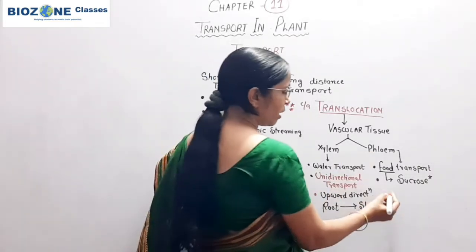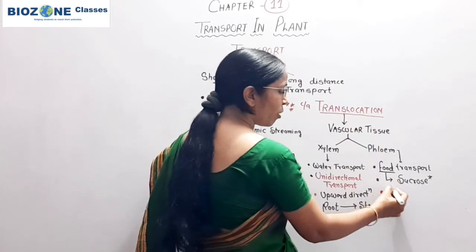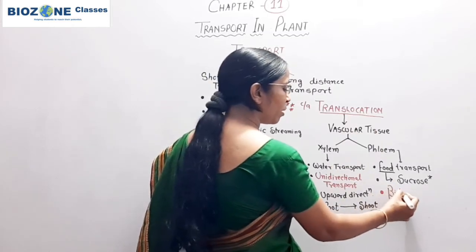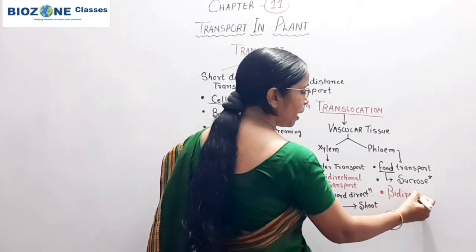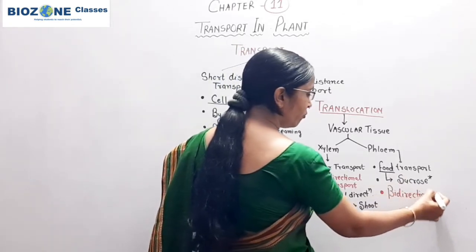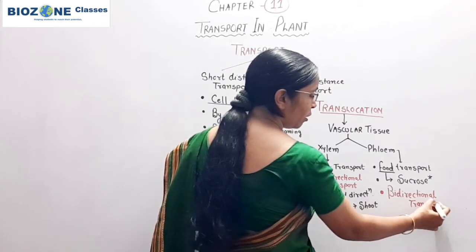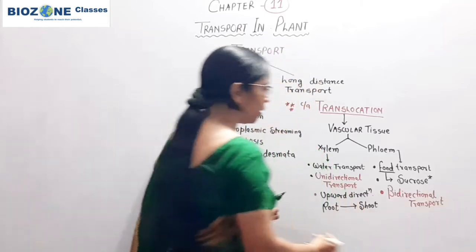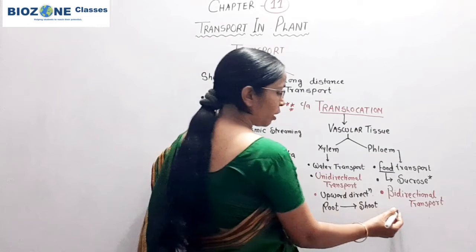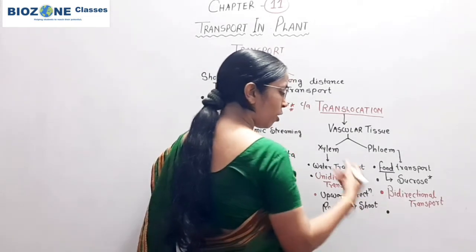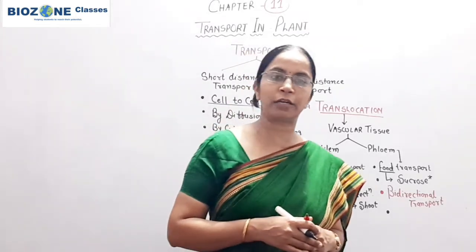Secondly, phloem is always associated with long distance transport. From class 11th onward, remember that food is transported in a bidirectional way. So bidirectional transport is predominantly observed in phloem, as you prepare for objective purposes as well as for the class 11th standard.